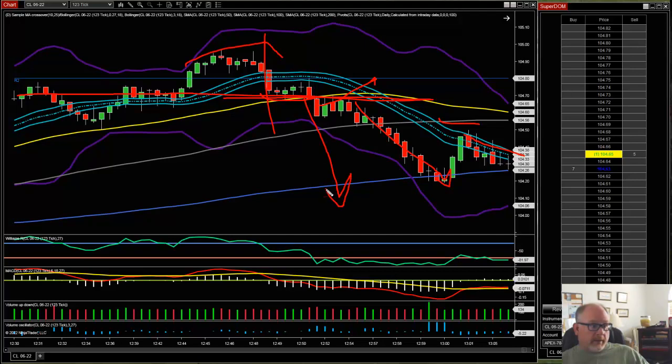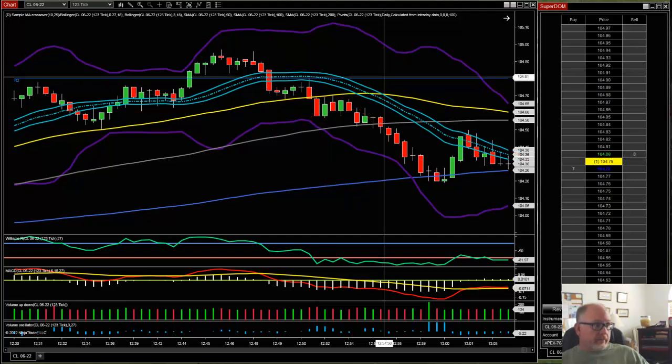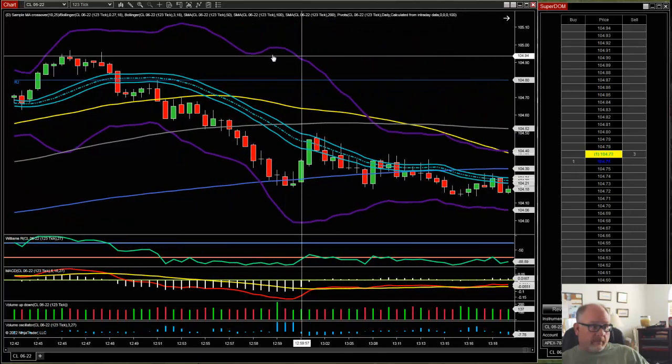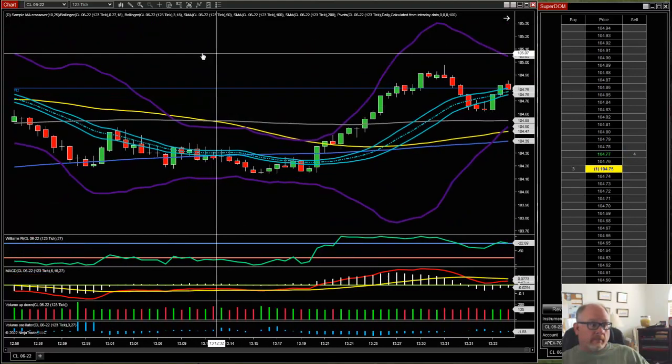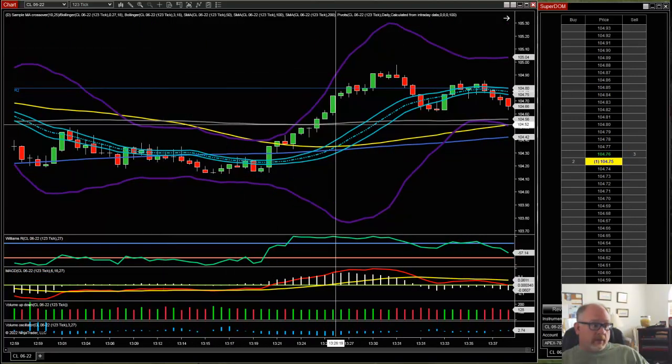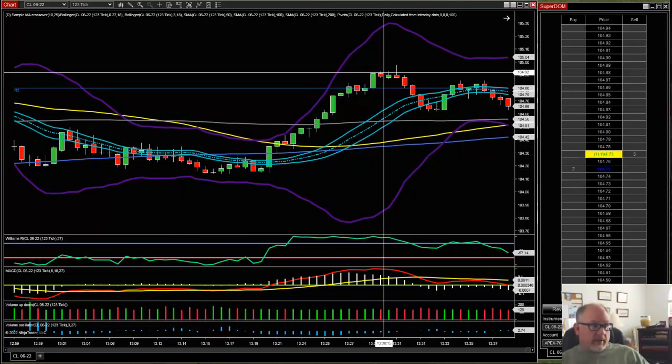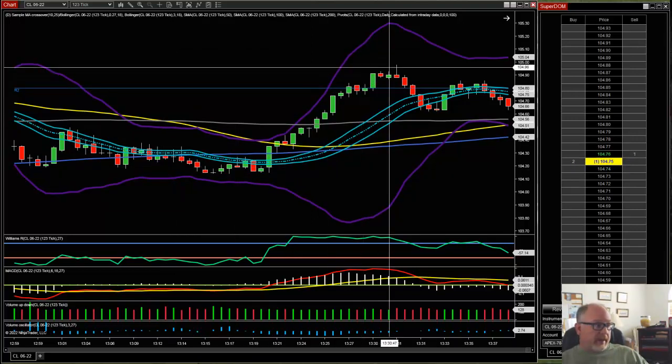Possible short in this area right here. Nice strong retracement. I guess no, it's not a retracement. This is a nice strong trend move back up.